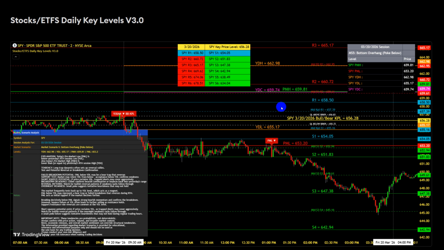this particular indicator. We're also going to be discussing using additional free indicators for confirming your bullish or bearish trade off of any main key level with this indicator. So we'll also be going over that as well.